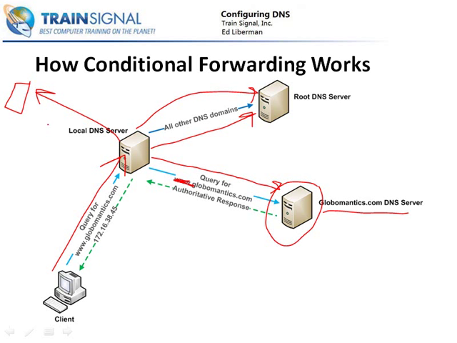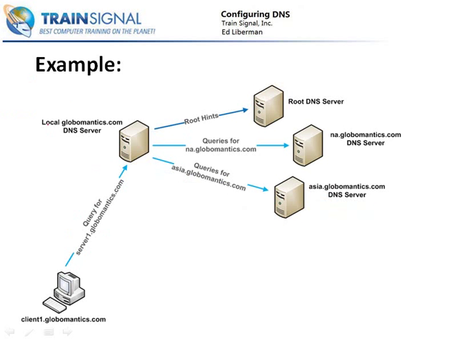Let's go take a look at an example of how this might work in the Global Mantics network. In this example, we have a server here which is authoritative for the globalmantics.com domain. This particular DNS server has also been configured with a couple of conditional forwarders.